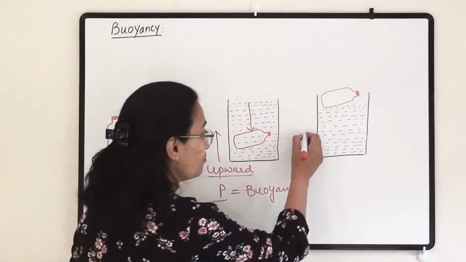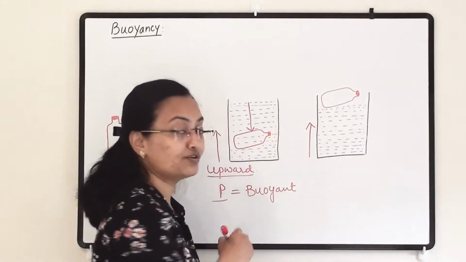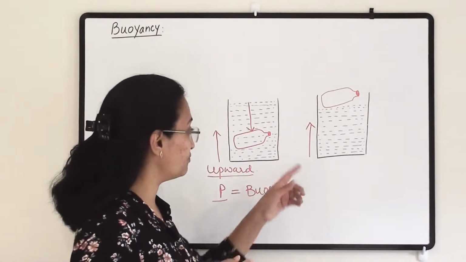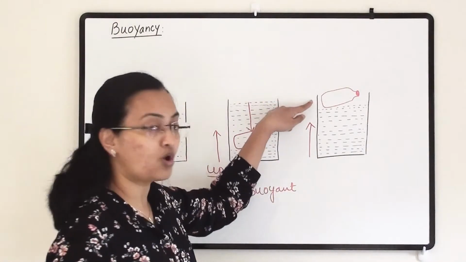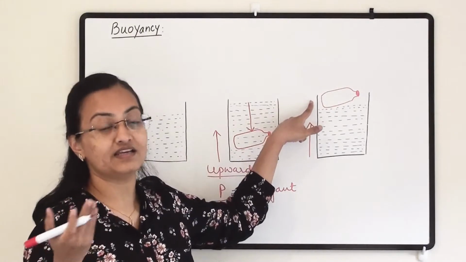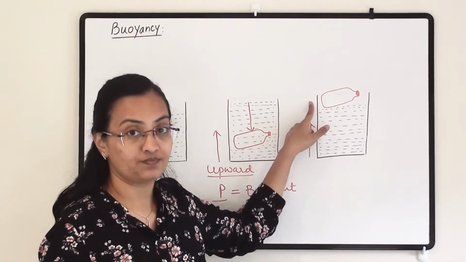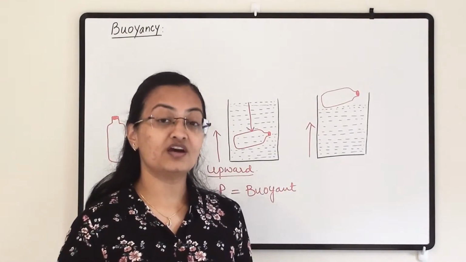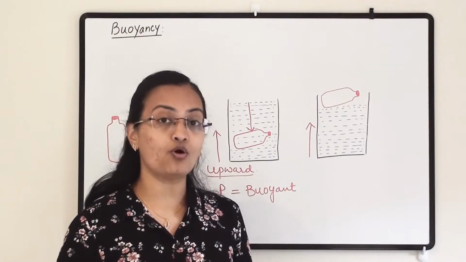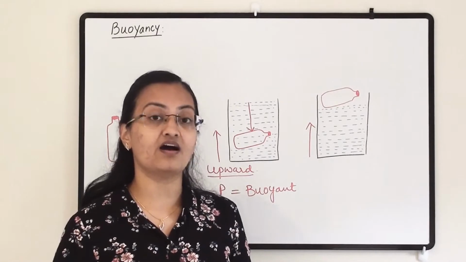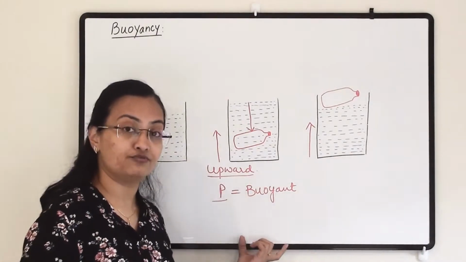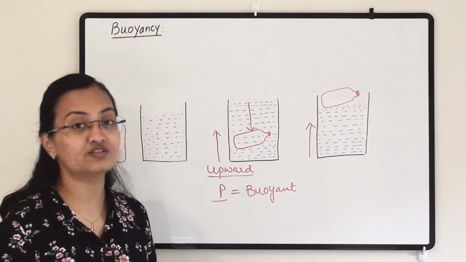Because of that buoyant force and that fluid pressure which is acting upward, this bottle will come out and float on the surface of the water. Now all the objects which remain in the fluid or on the surface of the fluid experience this buoyant force, and this phenomenon is known as buoyancy.